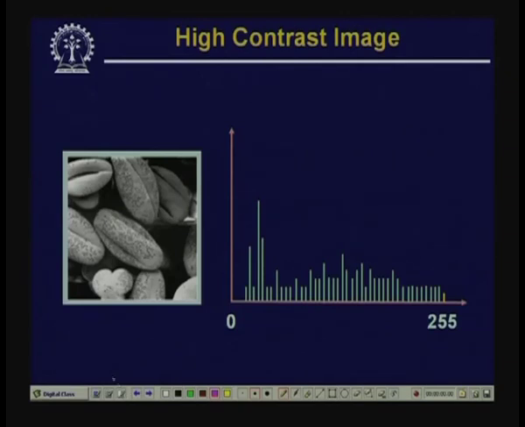For this histogram equalization operation, initially we will assume r to be a variable representing the gray level in an image.